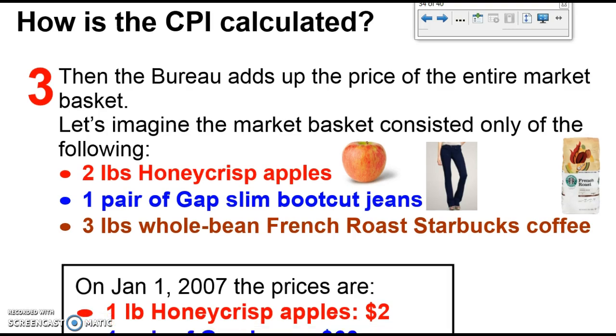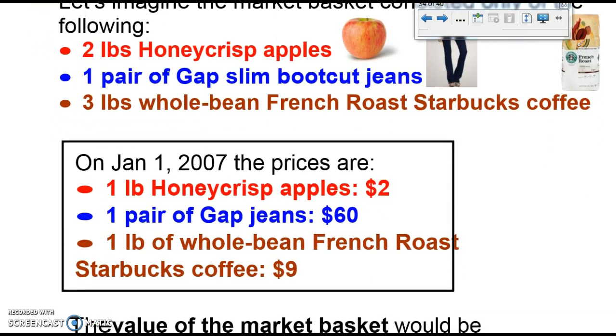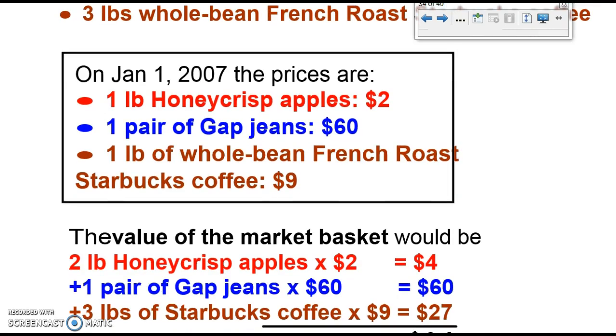So in other words, a car obviously would be a very expensive item in the market basket, but people usually only buy maybe 1 car in a year. So the car is only going to be weighted once, where milk might be weighted 52 times to represent a gallon for each week.